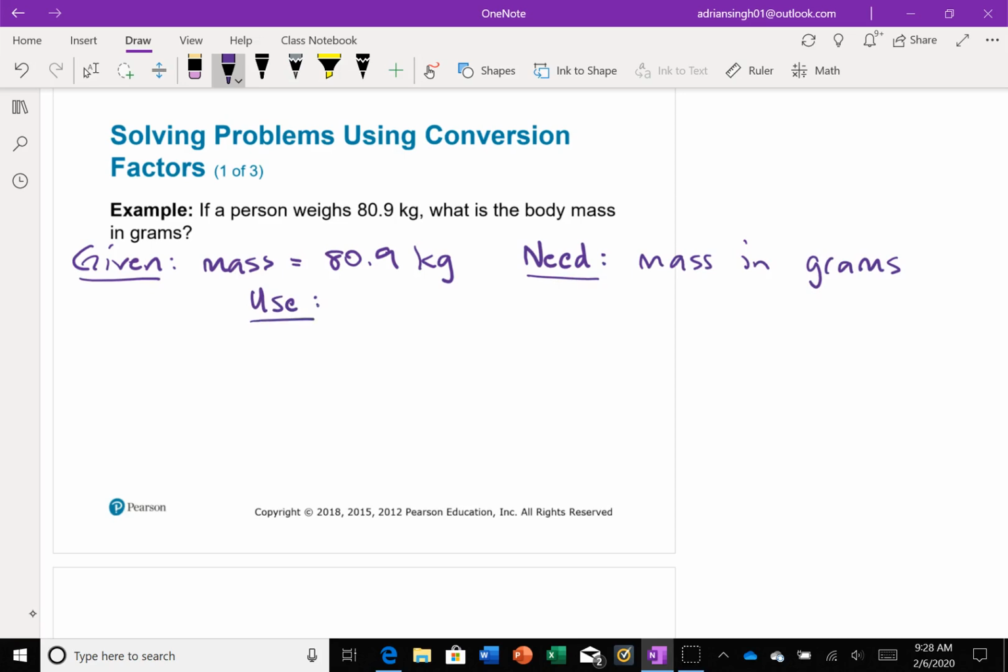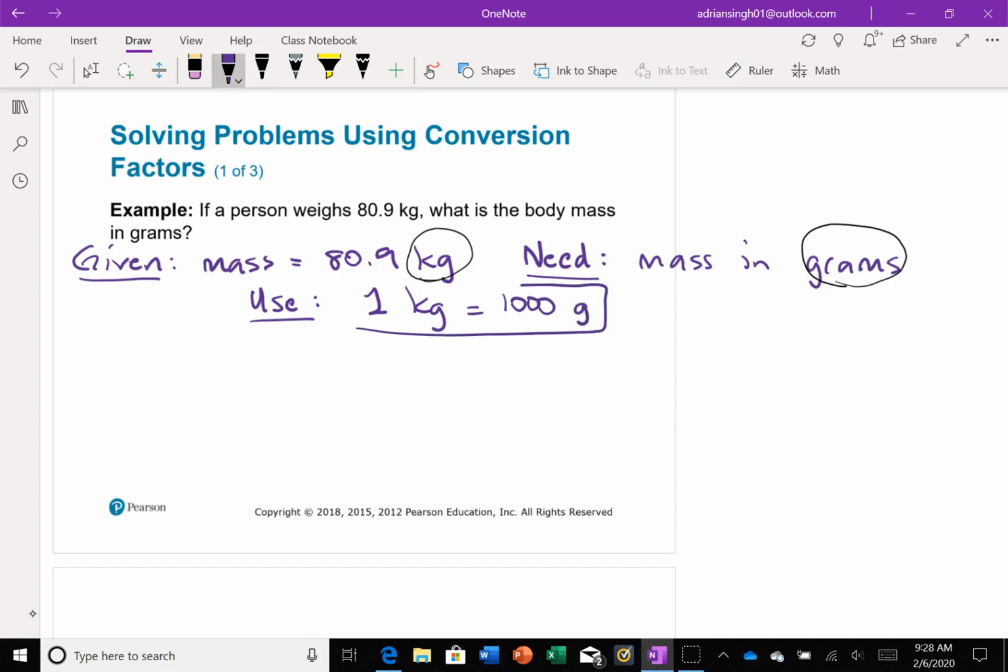Well, we need a relationship between what we're given, kilograms, and what we need, which is grams, right? And that's a metric relationship. And we should know that metric relationship, right? 1 kilogram is equal to 1,000 grams.